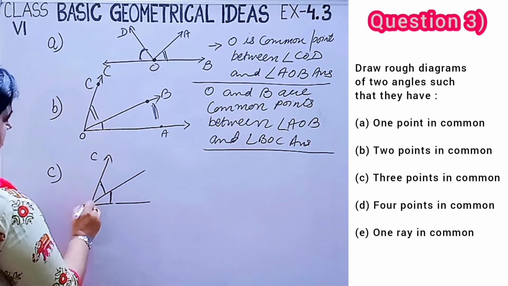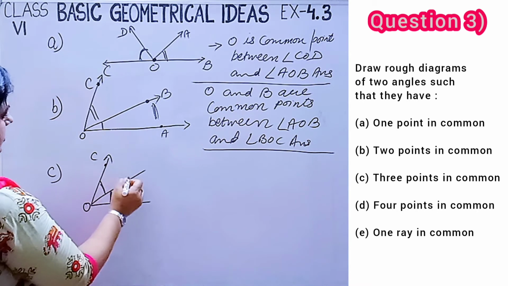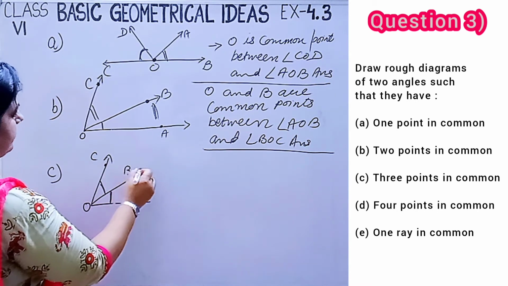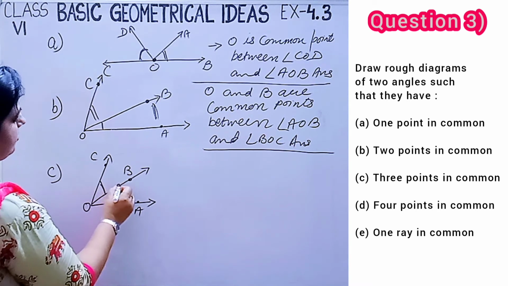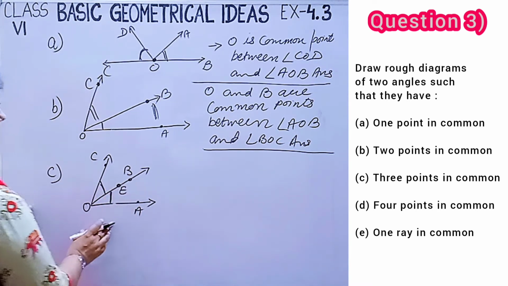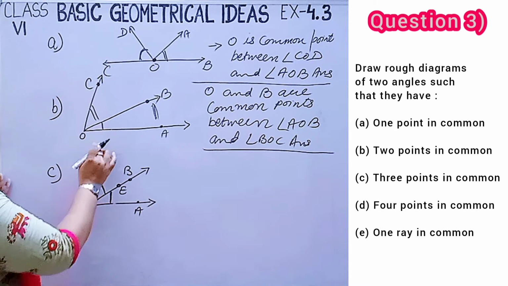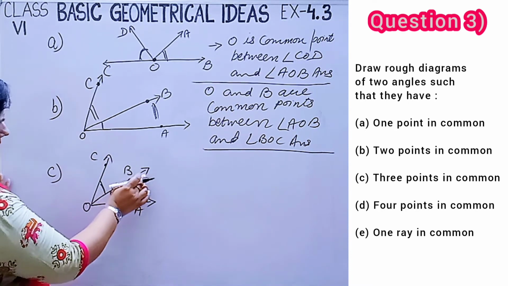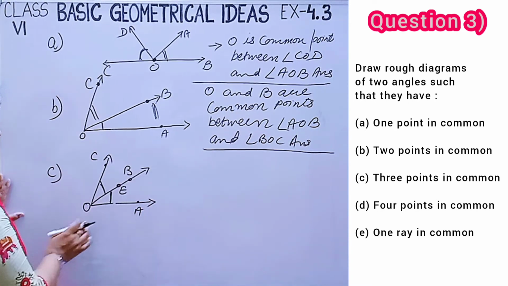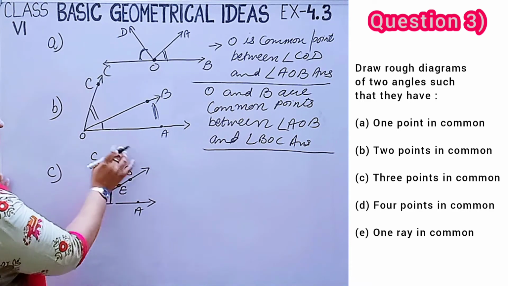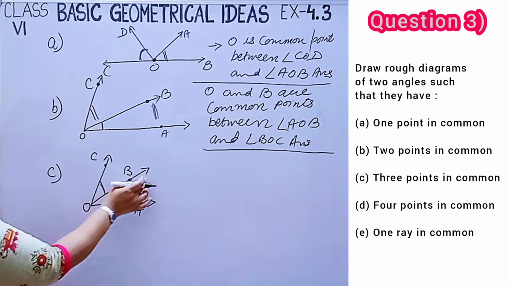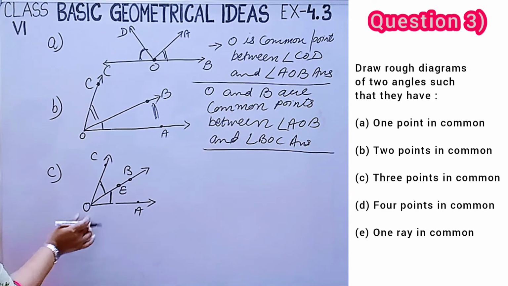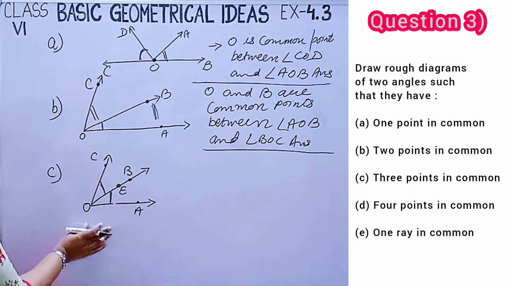C, O, B, A, and here we can put one more point. It means COB and BOA are the two angles, and B, E, O points are common in the angles.